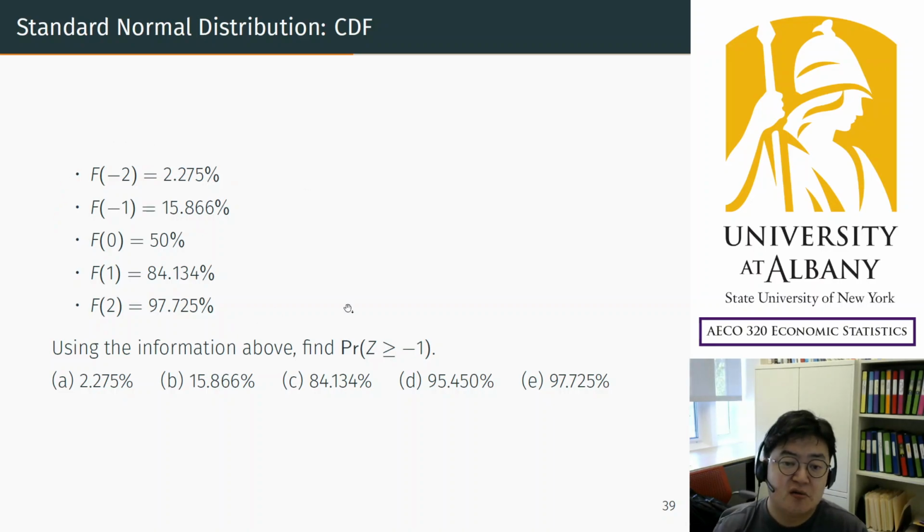From here, use these 5 pieces of information and try to find the probability that the standard normal distribution is greater than or equal to -1. You may use this information, or you may just try this in Excel, but Excel does not have a formula for this probability. So try to use this.